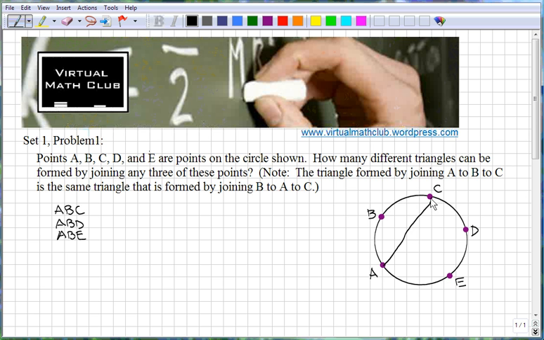Let's see how many triangles we can form using a side AC. And so we could connect it to D, or we could connect it to E. And so that's 2 more triangles. Let's list those out. So we have A, C, D, and A, C, E.